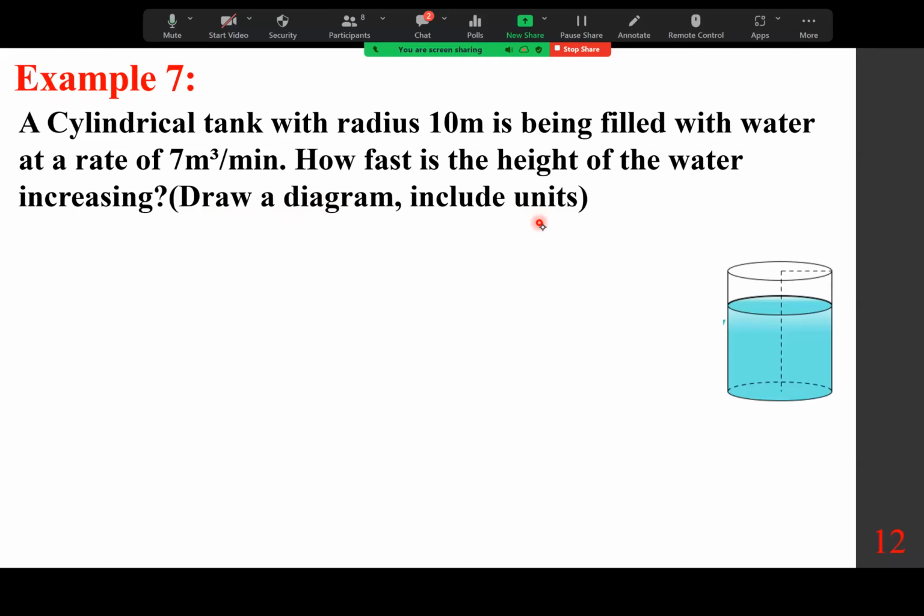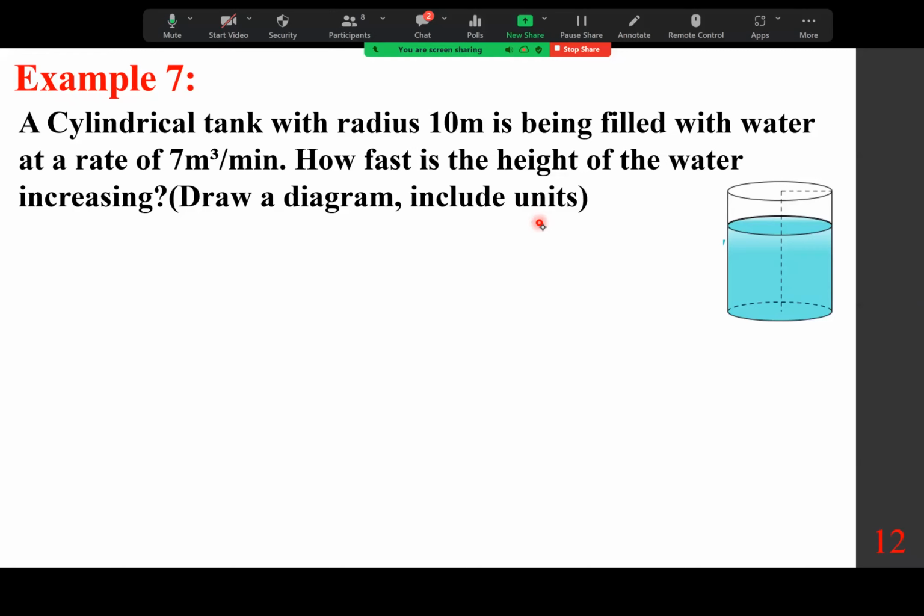And so here's a cylindrical shape, and the radius happened to be fixed at 10 meters. So the radius is given and it is being filled with water at the rate of 7 cubic meters per minute. So the volume is increasing, in essence, and the height is rising because the volume of the water is increasing.